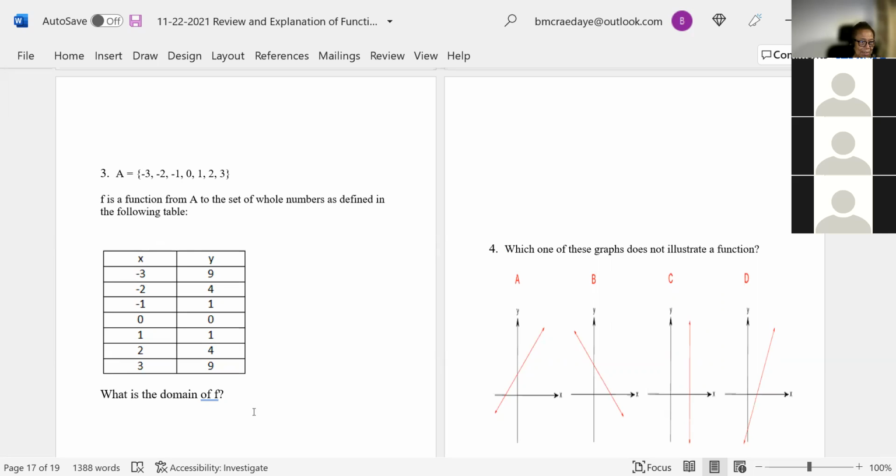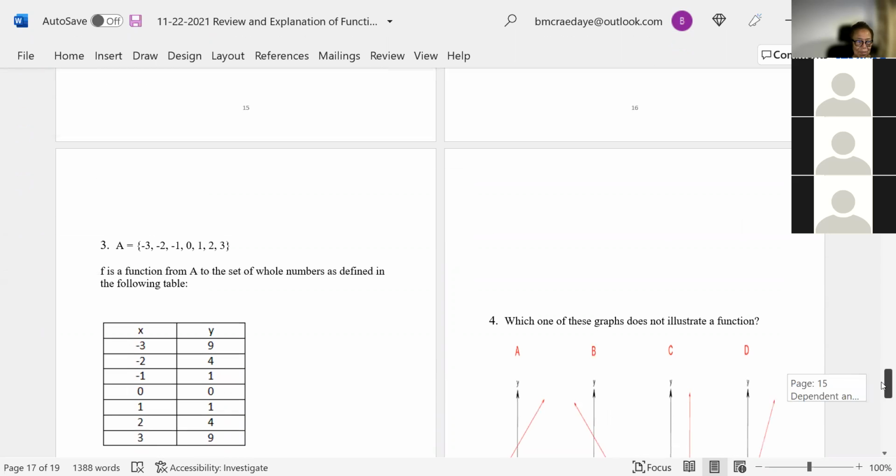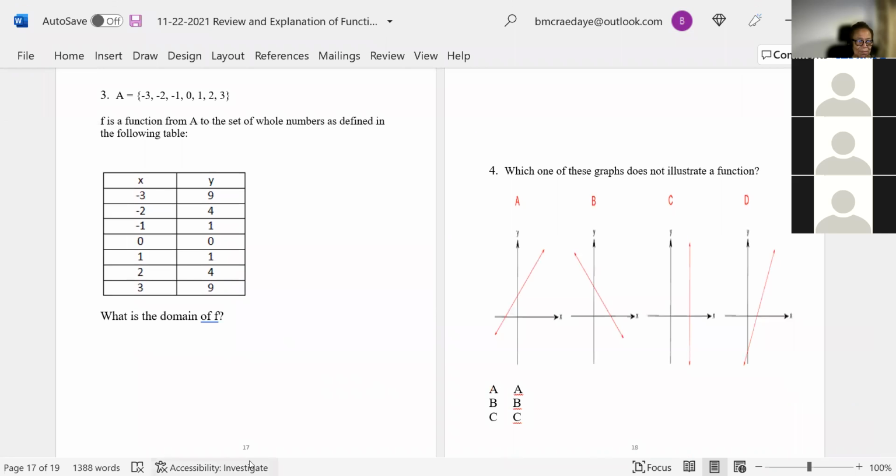Now, what did we say the domain was? Domain was what values? X or Y? Domain was X. The domain is the X value. So what is the domain, Latoya?